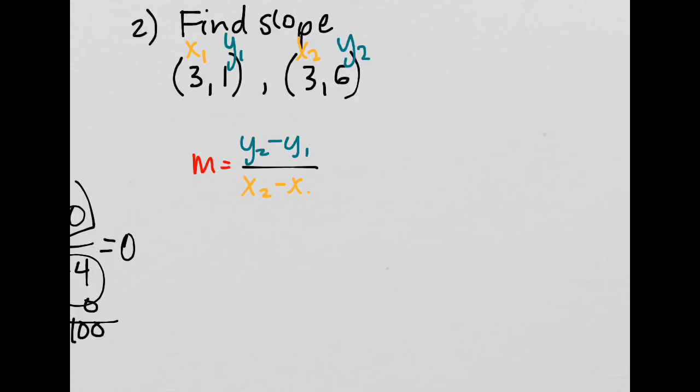Okay, it doesn't really matter if you switched them, you'd still get the same answer, so long as you are consistent for both of these, and this coordinate point to both be x1 and y1. Okay, so 6, right, minus 1 all over x2 is 3 minus 3. Oh no. Gives me 5 over 0.